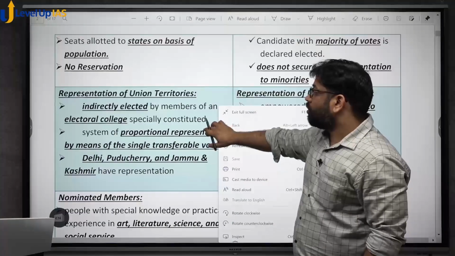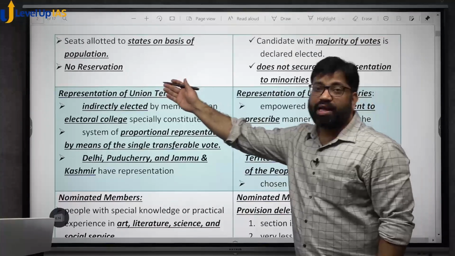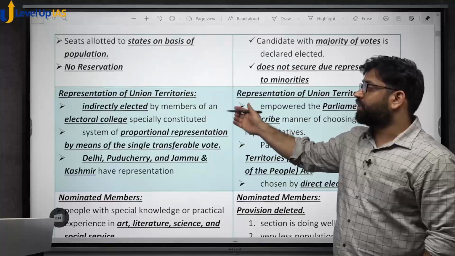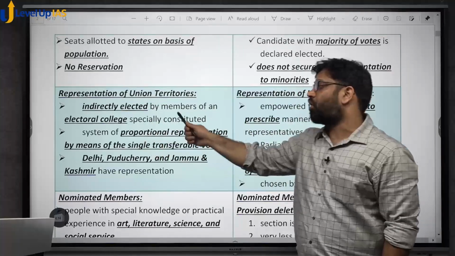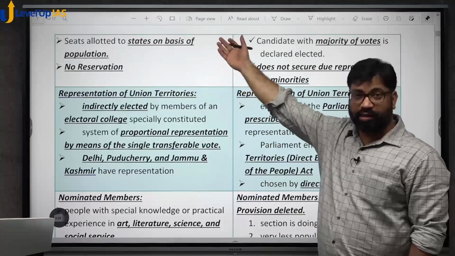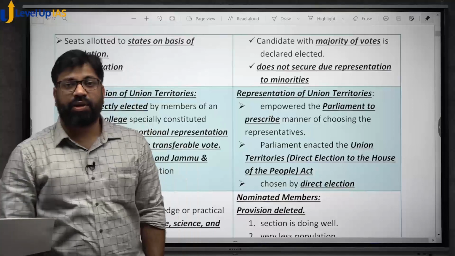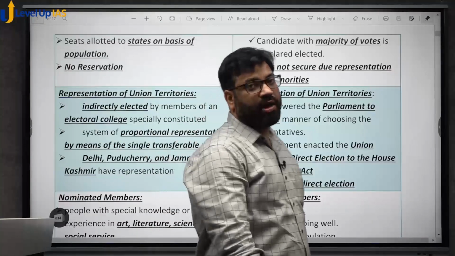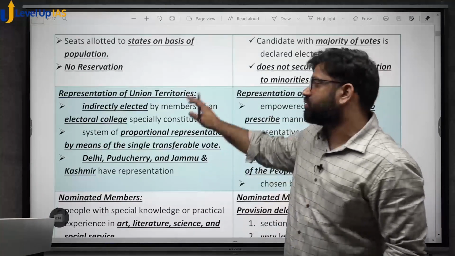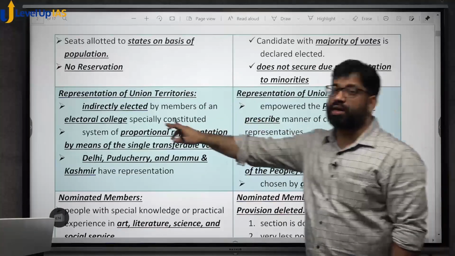Now that is the case with the states. How do we get the representation from union territories? They are indirectly elected by the members of an electoral college specially constituted. So unlike our thinking that directly elected members of the legislative assembly will be voting for the members of the Rajya Sabha, as in states, it is equal for UTs. No, that is not the case. Rather, it is through indirect election by an electoral college.